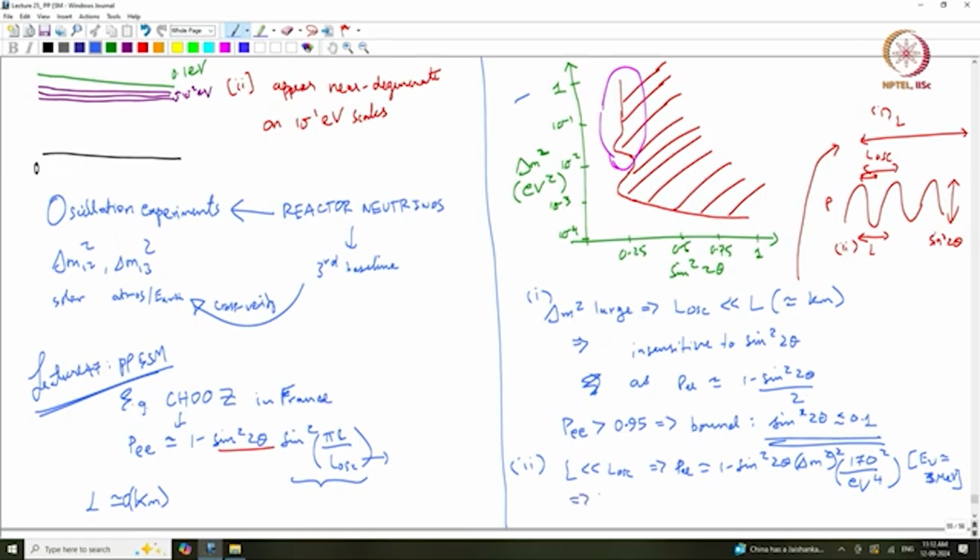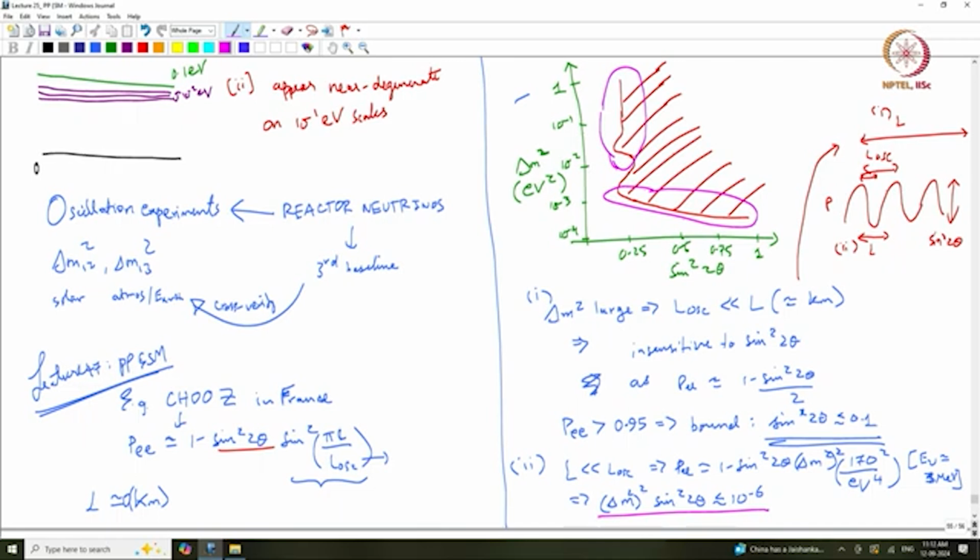And this equation translates to a combined bound on delta m squared and sine square 2 theta, that is about 10 power minus 6. Okay. So that is what is depicted here, this region.